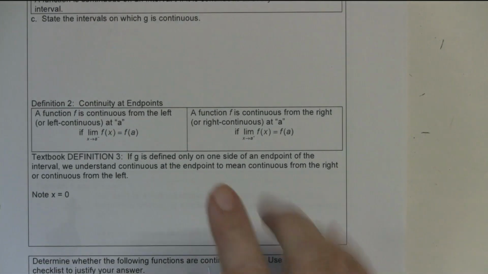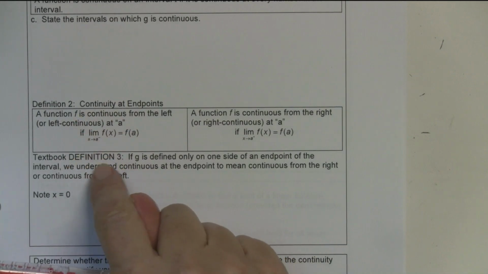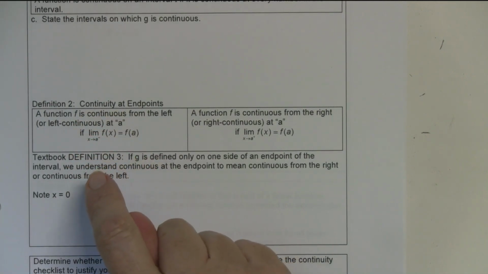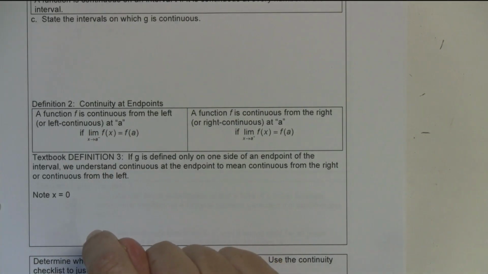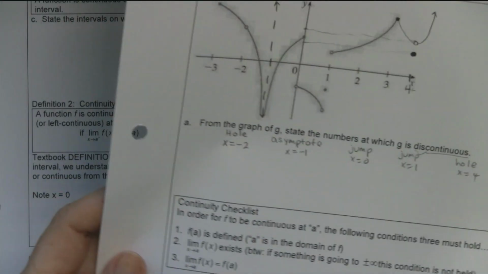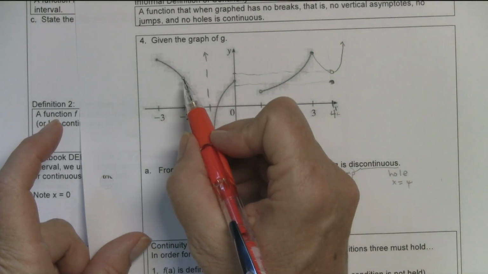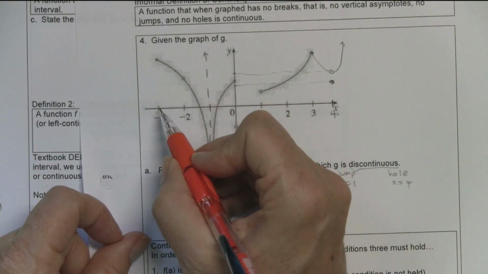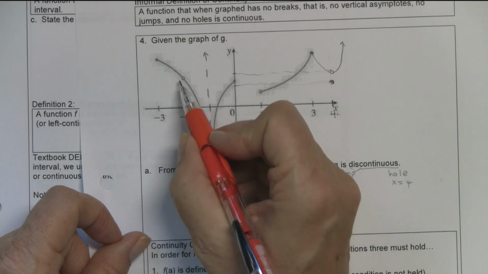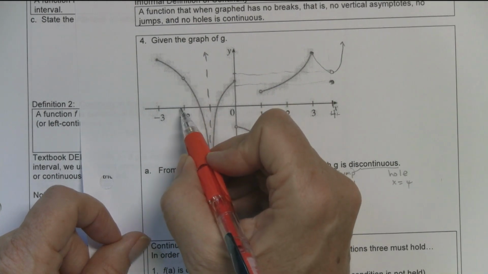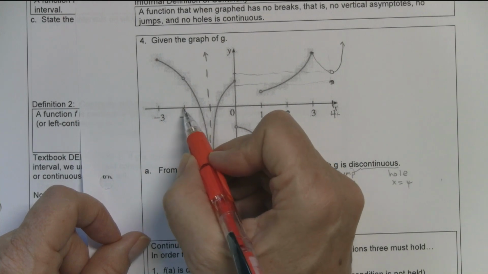And you kind of have to use this idea of continuity when you come to some endpoint from the left or from the right in order to do that. And so here, as I come from the left, I have a hole in the graph. And so it wasn't continuous there because of that hole from the left or from the right.